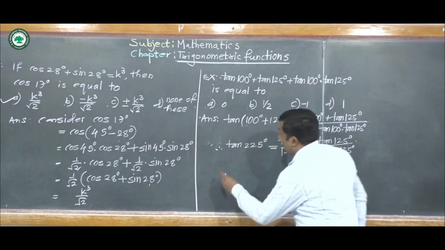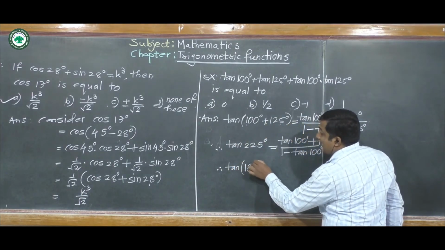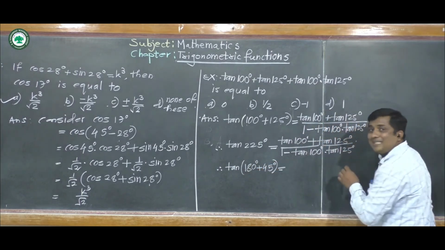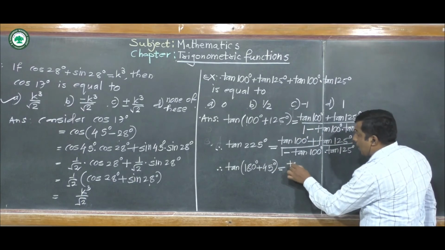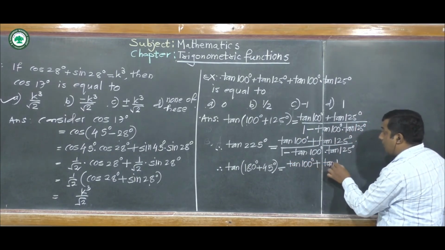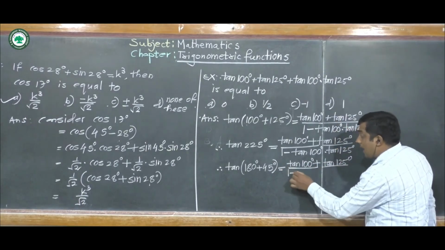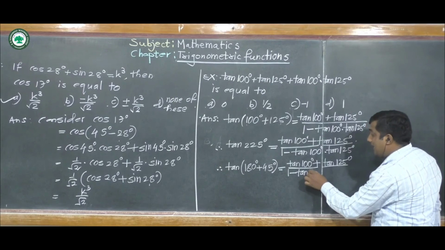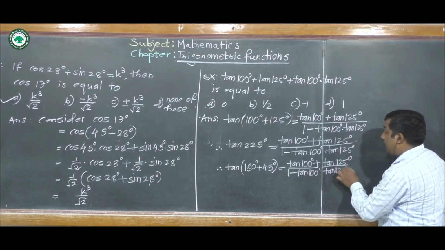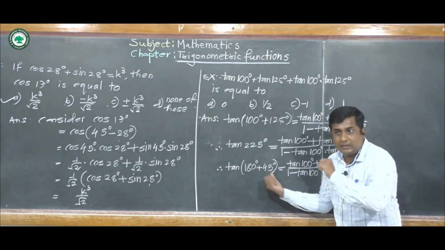So I write this 225 degrees as 180 degrees plus 45 degrees, and this is equal to tan of 100 degrees plus tan of 125 degrees, divided by 1 minus tan 100 degrees into tan of 125 degrees.